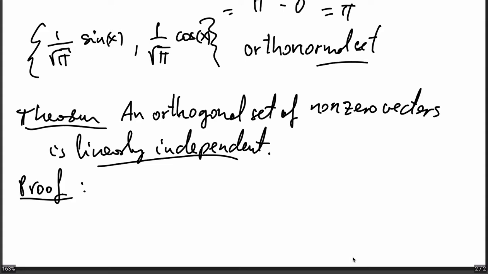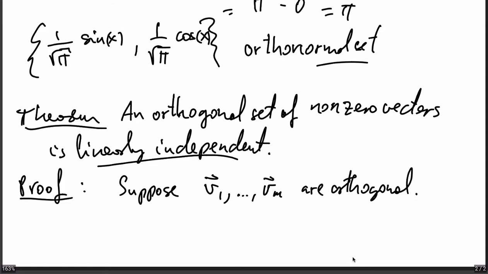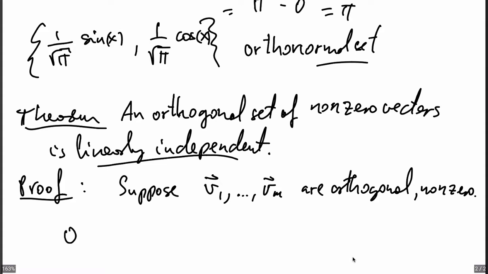We assume what if they have a linear combination that's zero. So suppose we have a set of distinct vectors v1, vm that are orthogonal and non-zero. And let's see what if we have a linear combination 0.